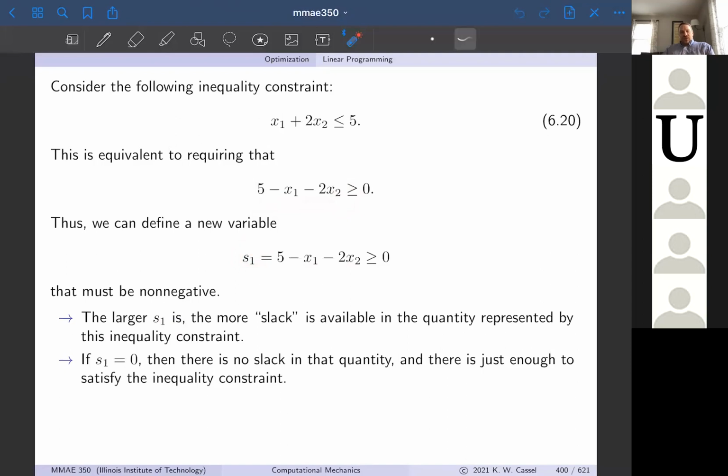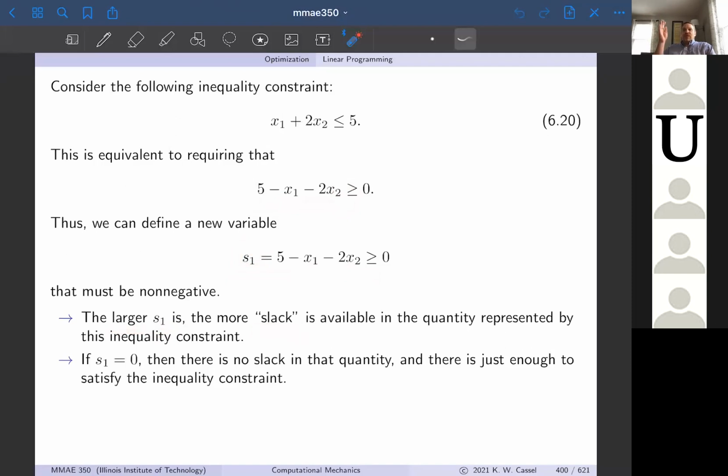So I know this looks a little confusing. How we actually do it, I'll show you, is quite straightforward, but I want to make sure we understand what the purpose of these slack variables is and what they're actually doing. So s1 is defined as 5 minus x1 minus 2x2. The larger s1 is, the more slack is available in the quantity represented by this inequality constraint.